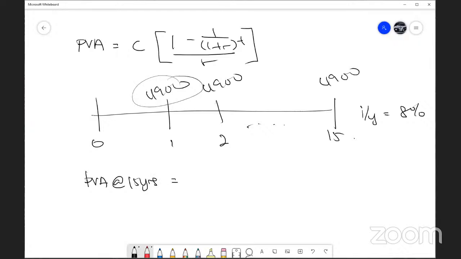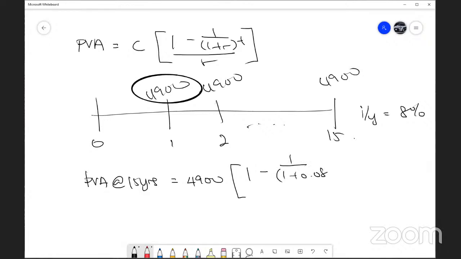C is 4,900. 4,900 times 1 minus 1 over 1 plus R power of 15, divided by R, 0.08. Simple, very easy. Then you can get your answer.